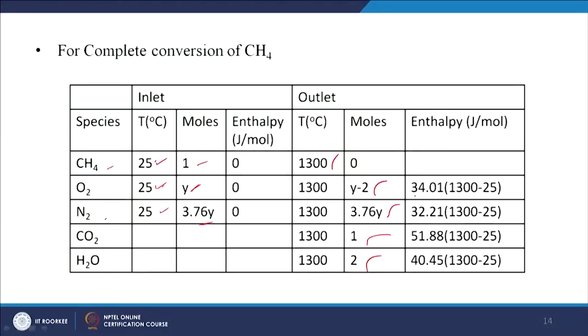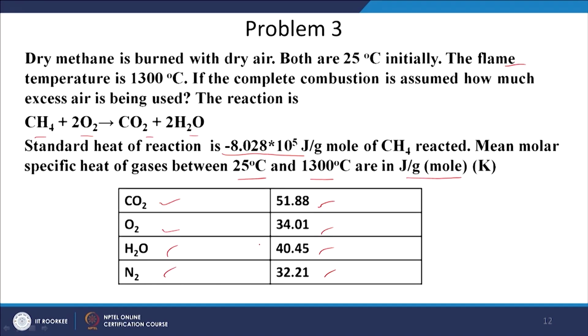Then the enthalpy of these we can already calculate, for example 34.01 into 1300 minus 25 for oxygen. Because the values given here are for CO2, oxygen 34.01, H2O 40.45 and N2 32.21.